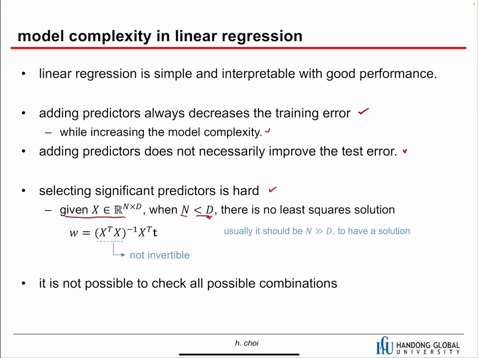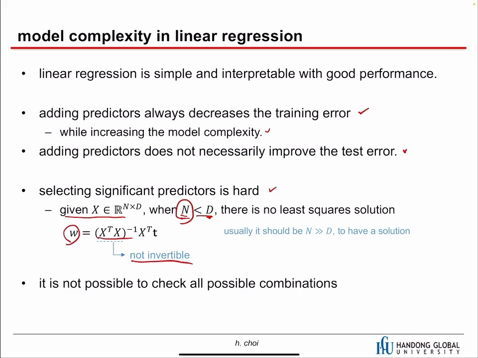Roughly, in some algorithms like ICA, n should be at least 2 or 3 times bigger than d. Okay, but it depends on the applications and algorithms. But at least n should be larger than d. So when n is smaller than d, we cannot get W because this one is not invertible.